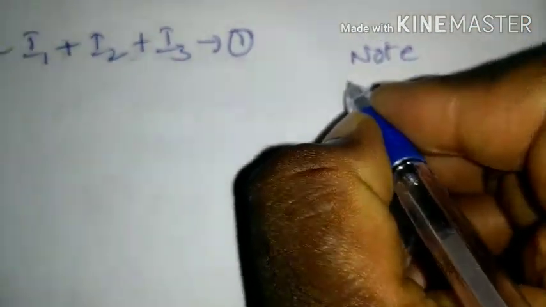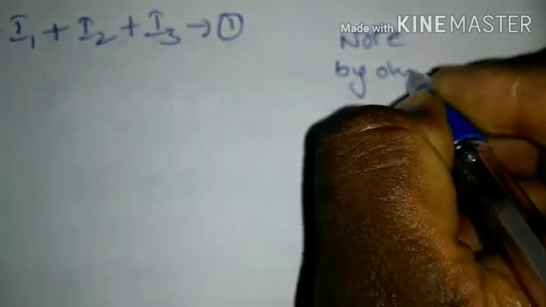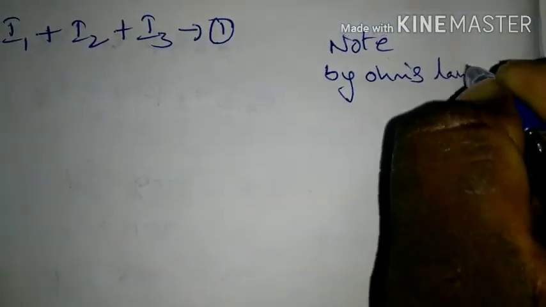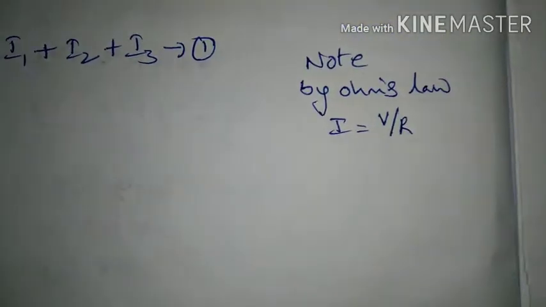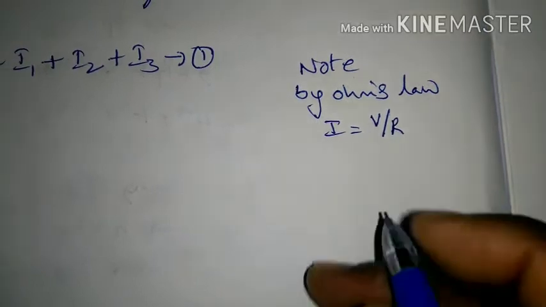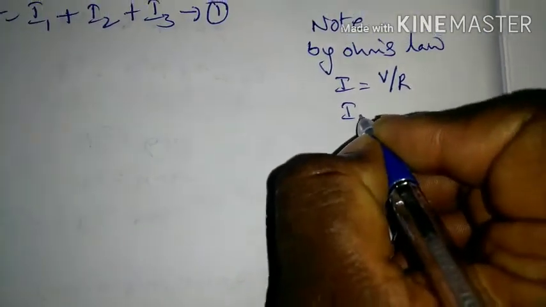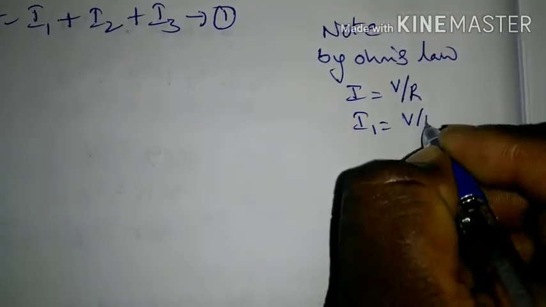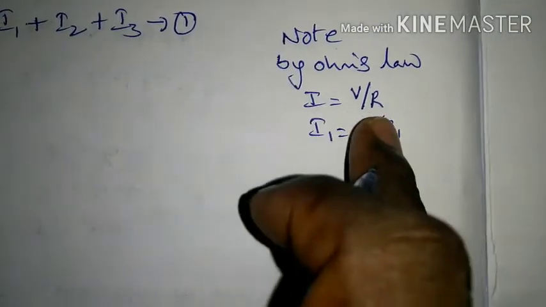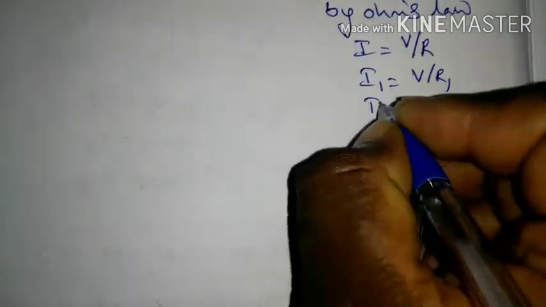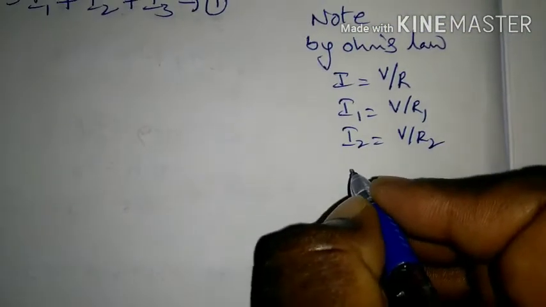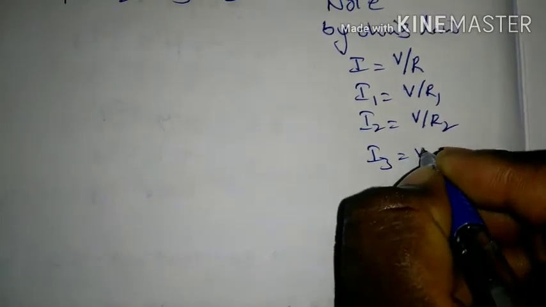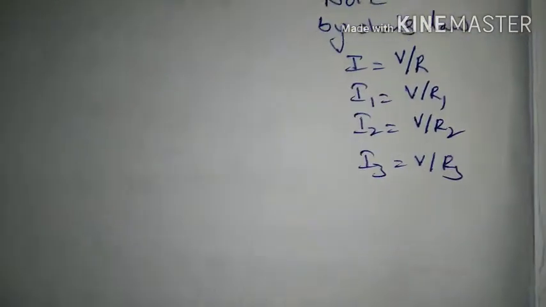Note, by Ohm's law, I is equal to V by R. After that, I1 is equal to V by R1, I2 is equal to V by R2, and I3 is equal to V by R3.